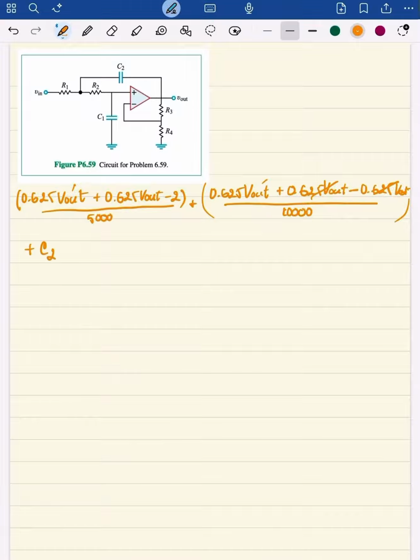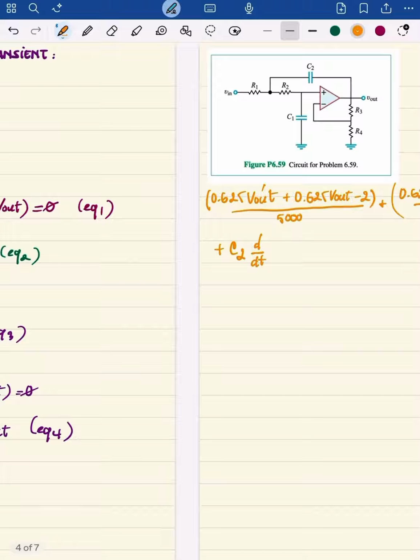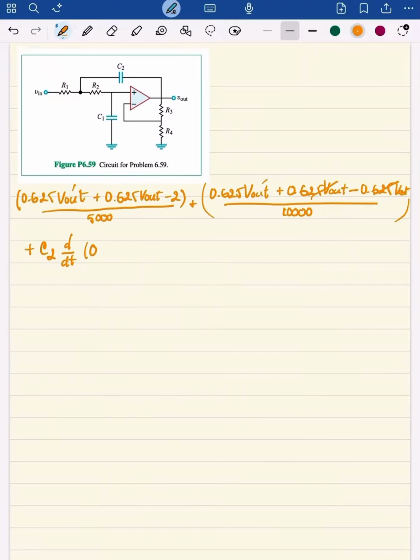Plus C2 d/dt of (0.625 V out prime plus 0.625 V out minus V out) equals 0. Now, when you distribute inside, you get V out double prime, and this right here becomes V out prime. So I think I almost have my differential equation, right? After you do everything and reduce it, I'm going to get 1.25 times 10 to the negative 4 V out double prime.